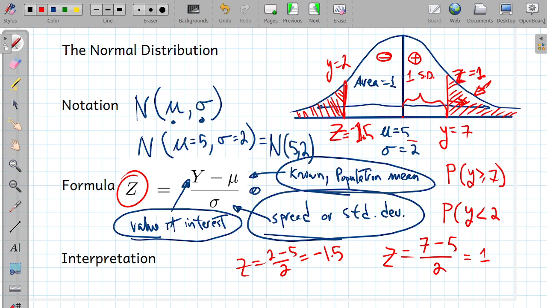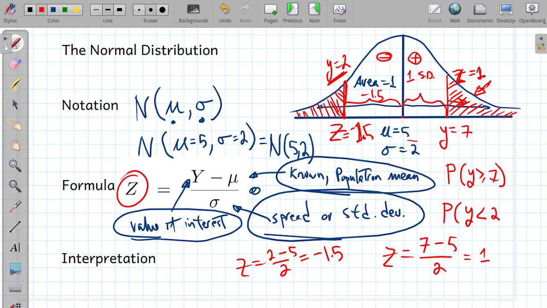This gap here is 1.5 standard deviations smaller than the mean. That's how far out to the left our observation of y equals 2 ended up. Of course, I haven't told you how to turn those into probabilities yet, but that's what we're coming to.